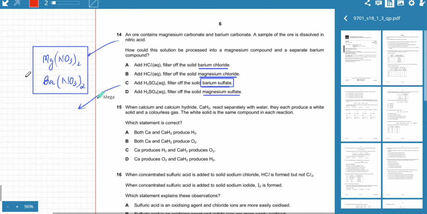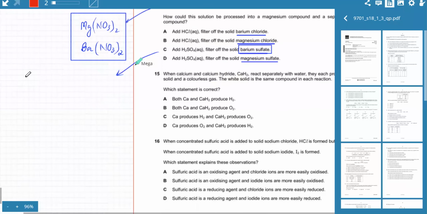Because of ionic precipitation. If the solution contains barium ions, nitrate ions, and magnesium ions, all these ions are dissociated in solution. And if you add sulfuric acid to it, there would be H+ and SO4 2-.